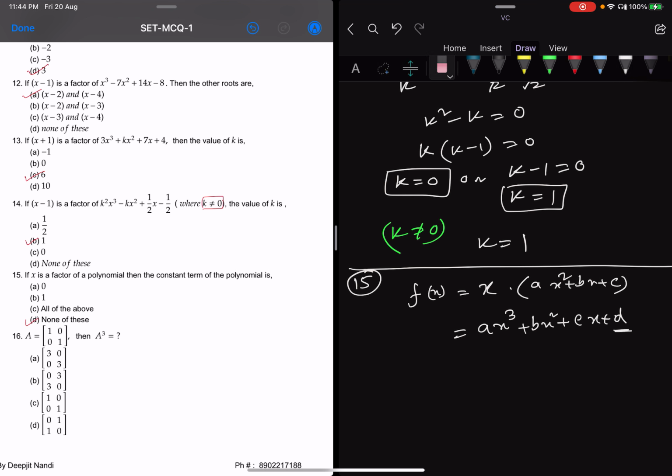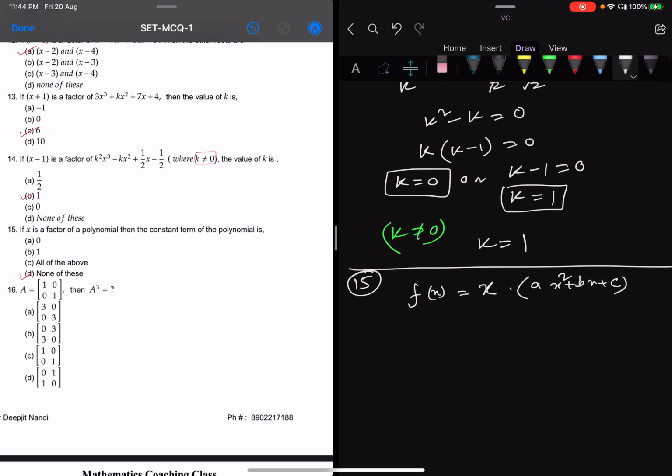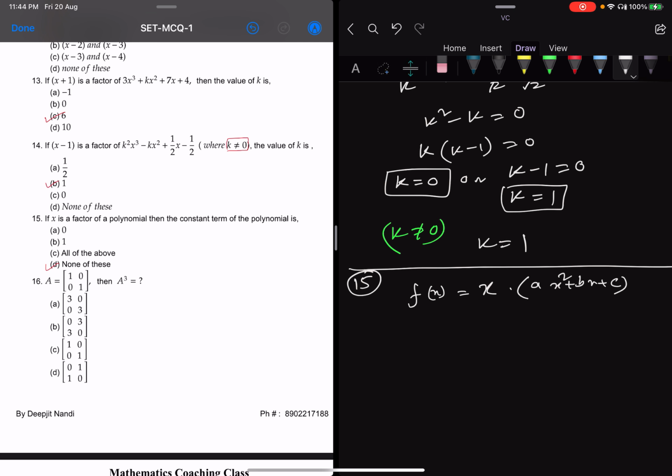Only at that time can you take one x common, right? So there will be no constant term. So that's why if x is a factor of a polynomial, there will be no constant term. That means it will be none of these. Okay.